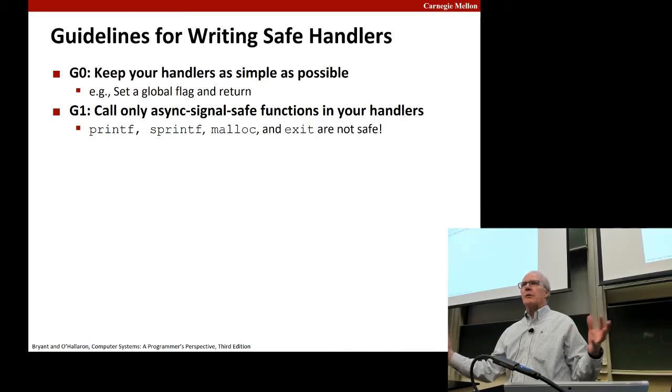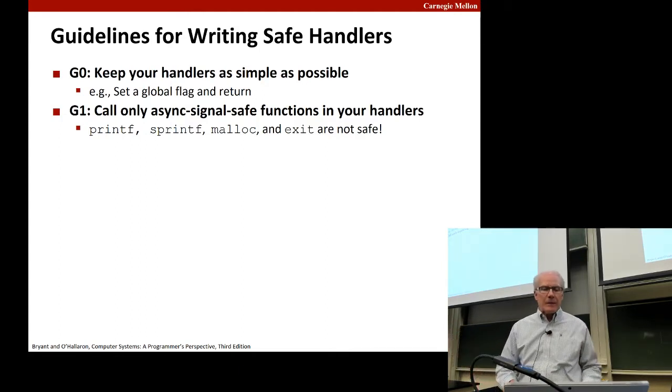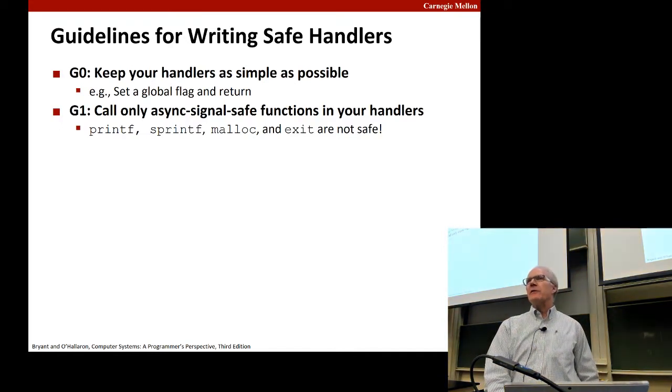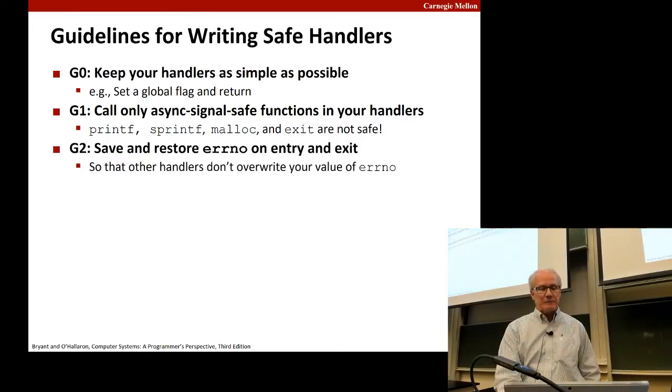Signals are a way to communicate between processes and create concurrent events. And they have some really bad interactions for some functions. We'll talk more later in the term about what those bad interactions are. But the bottom line is a lot of functions that you'd like to call, including printf or sprintf, are not considered safe ones. So that code I showed you before is actually not good.